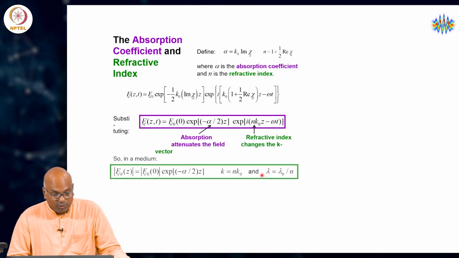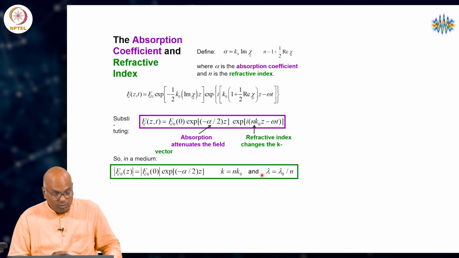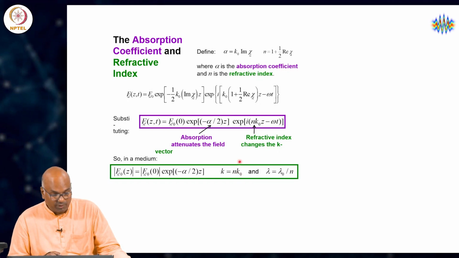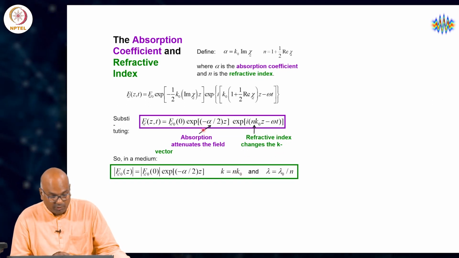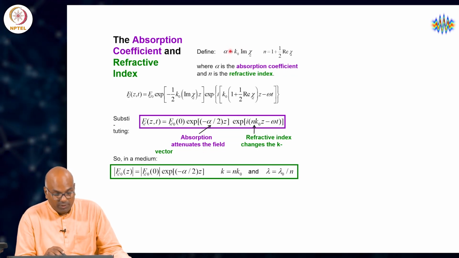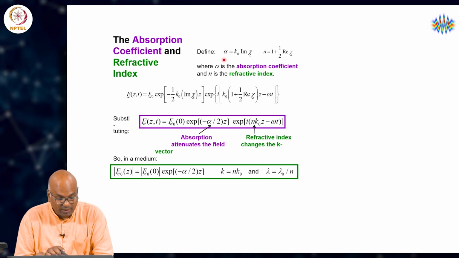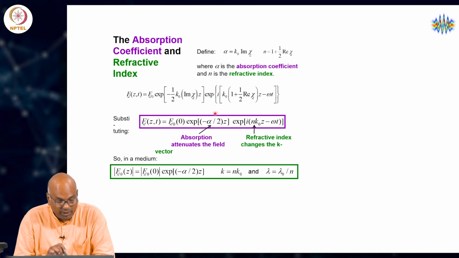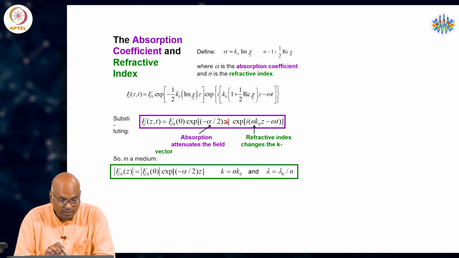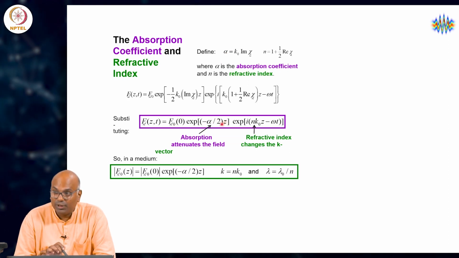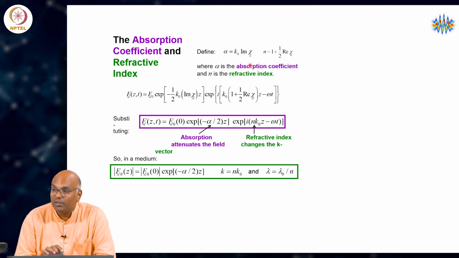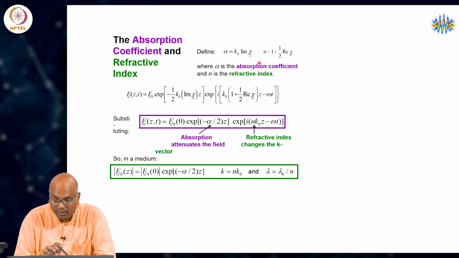Now, we therefore track this down to the real and imaginary parts of the refractive index, the real part being responsible for refraction, the imaginary part for absorptive phenomena. For the imaginary part, the absorbance alpha of the field, which essentially attenuates the electric field by a factor exponent minus alpha by 2 multiplied by z, the propagation variable, is essentially related to the imaginary part of the electric susceptibility chi.